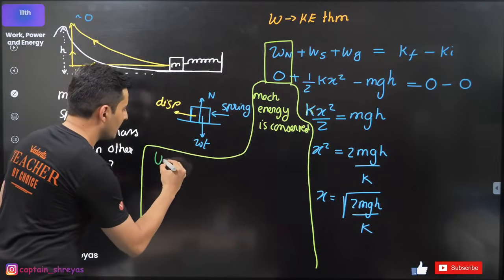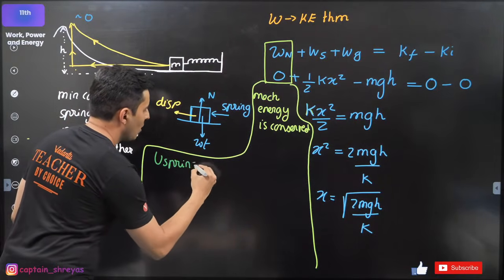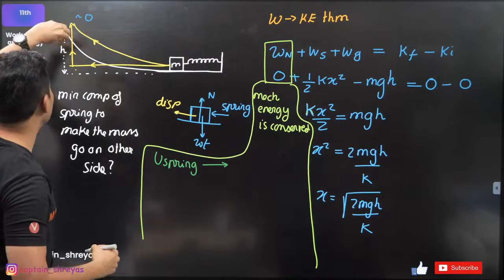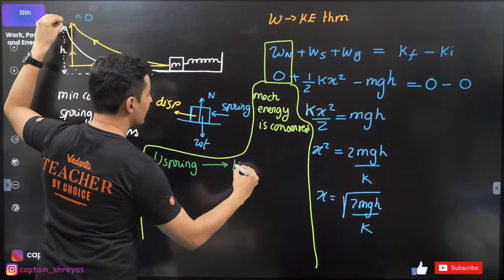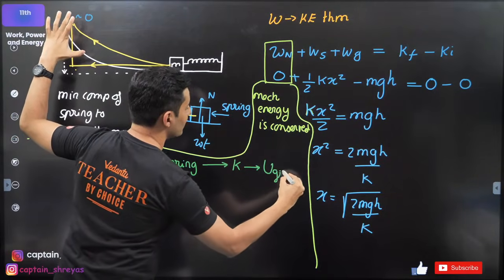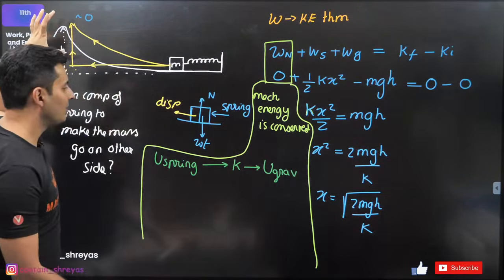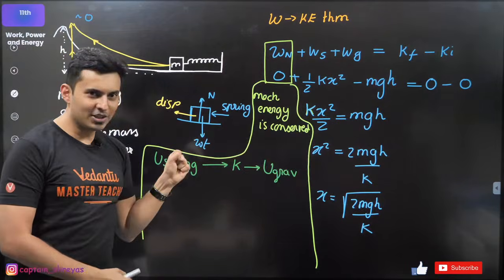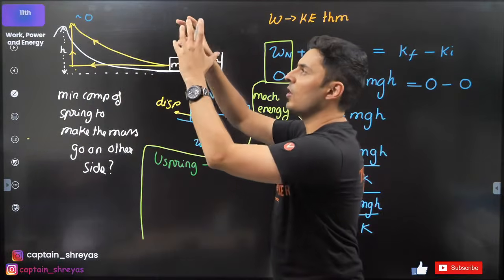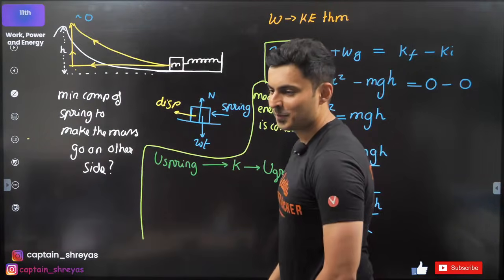I feel the spring had stored that energy and it accelerated. That means the potential energy of the spring got converted into kinetic energy, but that kinetic energy again went into the gravitational potential energy. Spring gave energy into kinetic, it pushed it. The kinetic energy slowly was lost and it went into potential energy.